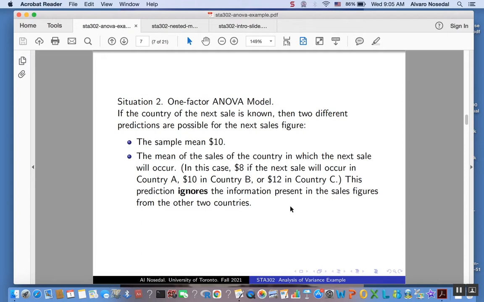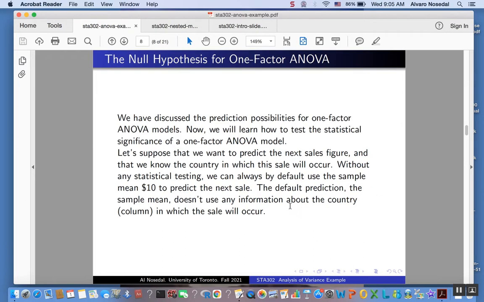So now that we have talked about our different choices as far as prediction goes, what we need is to come up with a procedure that is going to guide us in this decision process. And the way of deciding which prediction we should use is doing a hypothesis test in this case.